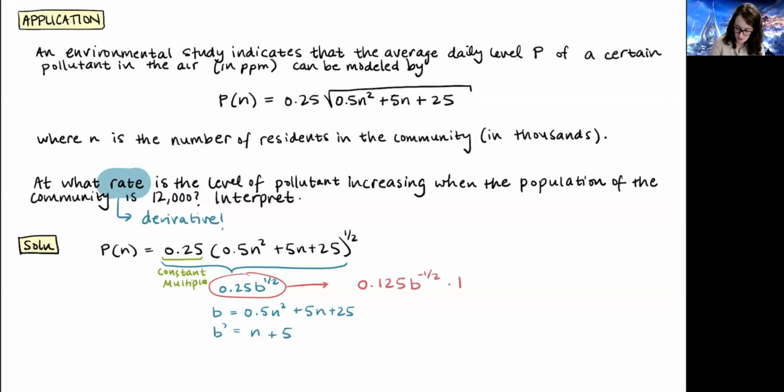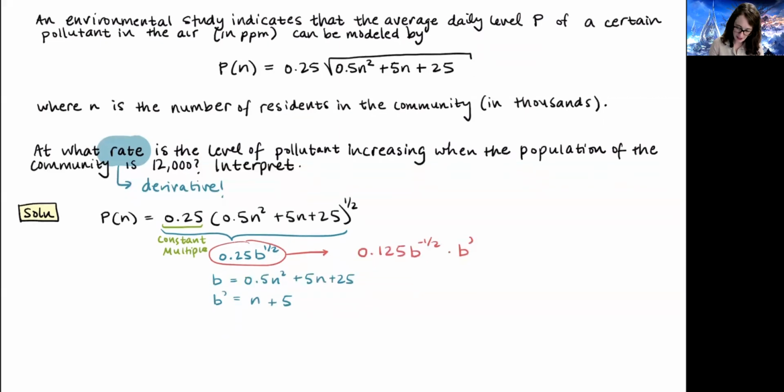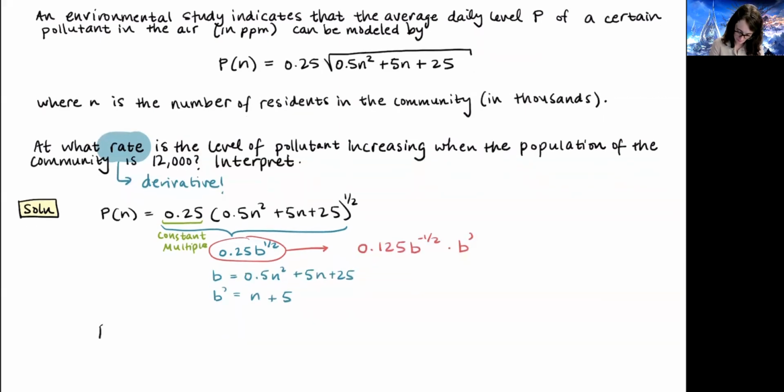And then we have to multiply by the derivative of the base, or the derivative of the inside function. So if we're going to differentiate this whole thing, bring the 1/2 down, multiply by the 0.25.